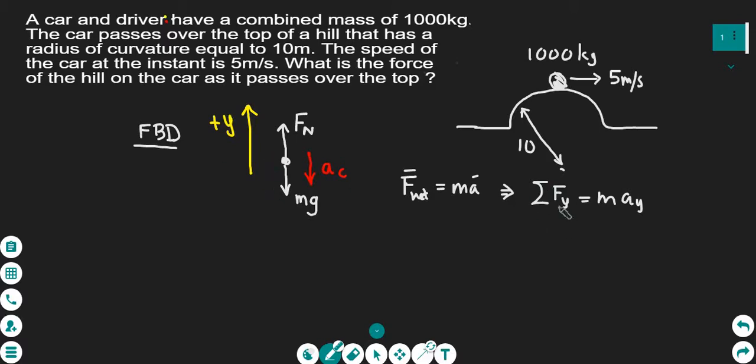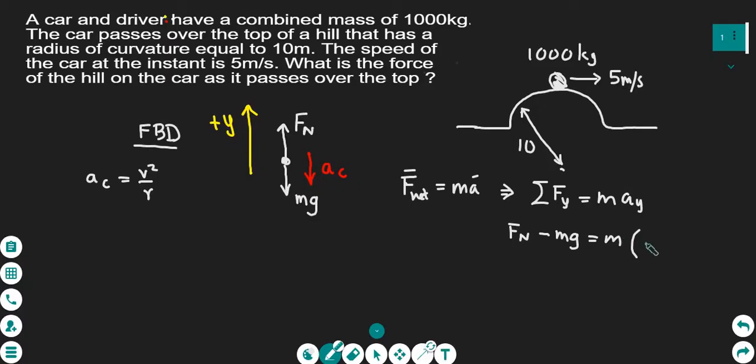So I can expand this as F_N. That is my positive force in the upward direction, and since weight is downward, I'm going to put a minus sign representing the downward direction. Equals mass times acceleration. That means centripetal acceleration, as I told you before, is a_c equals v squared over r. But now the important thing is that this acceleration is downward, so downward direction is considered negative.